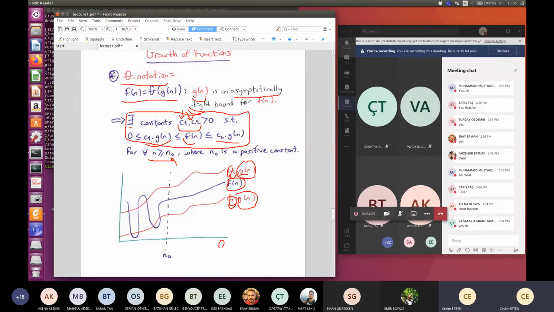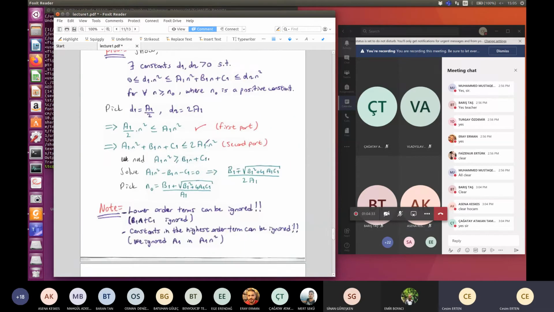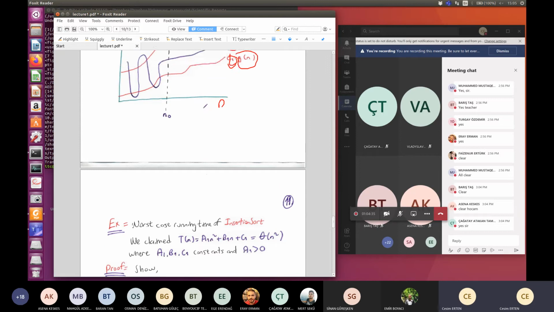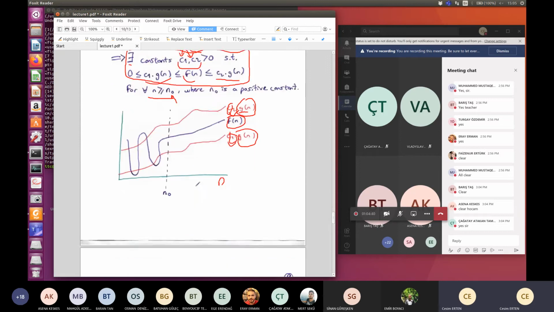Okay, so now we have two more asymptotic notations that we need to discuss. But before that, let's see an example application of this theta notation definition.